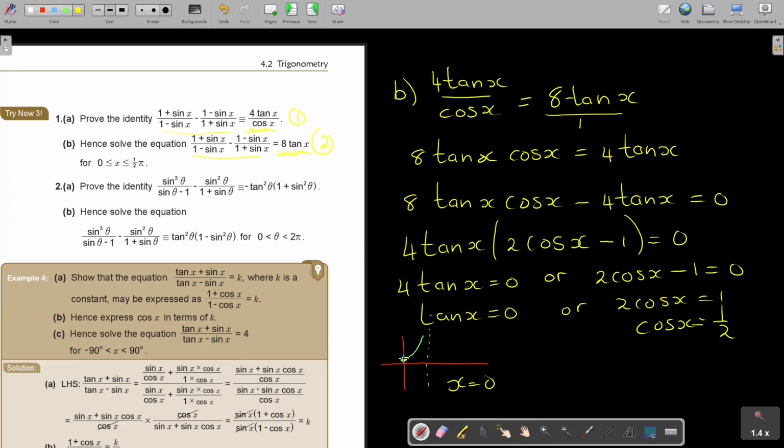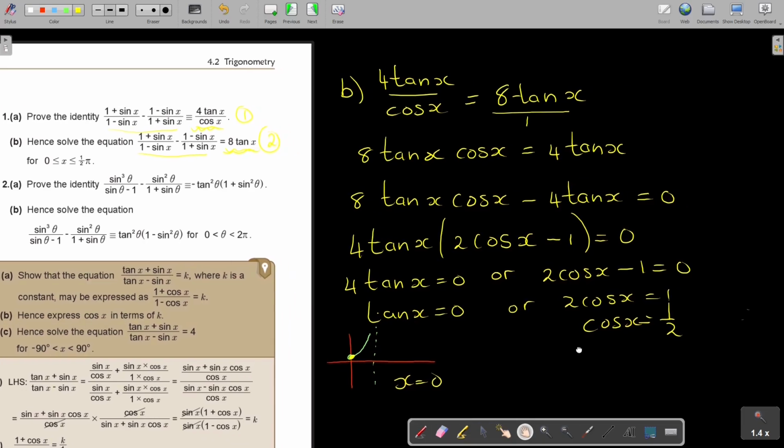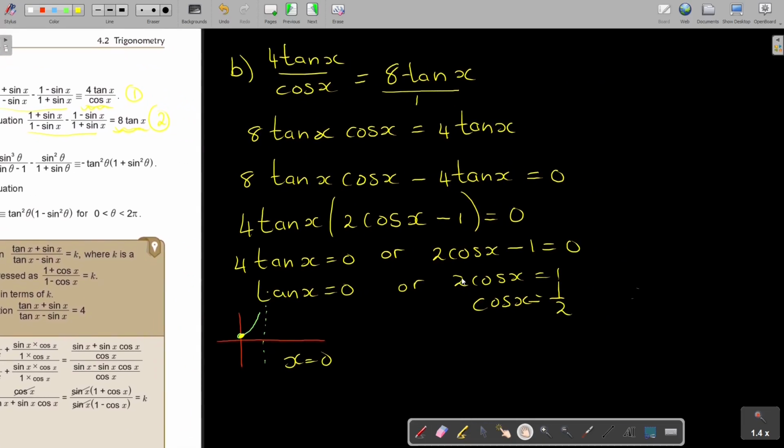Now cos x equals a half. If I go to my special triangles, always try to see if you can use your special triangles. If you see any of the values which is in the triangle, for example a 2, a 1, or a square root 3, any of that as a combination, as a fraction.